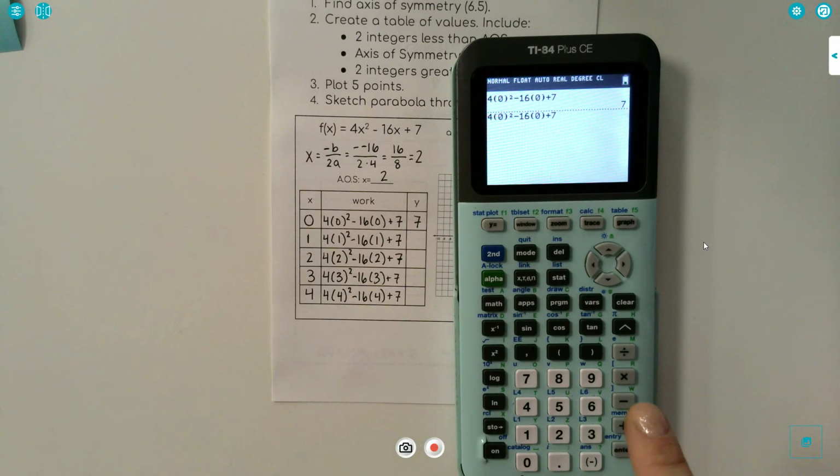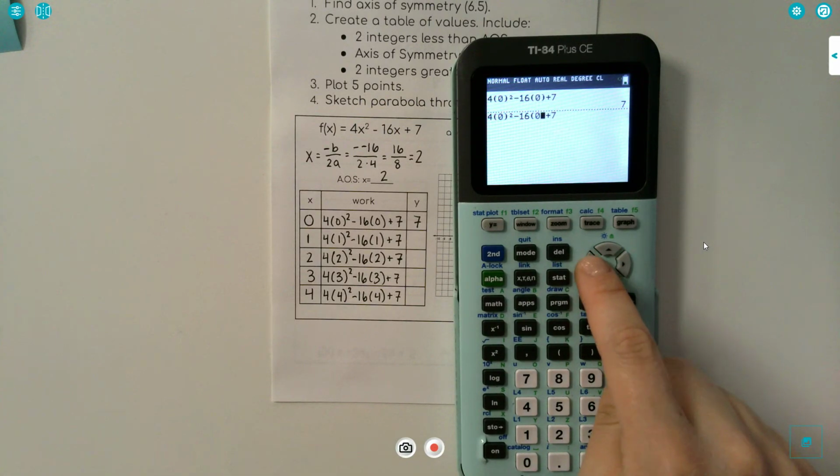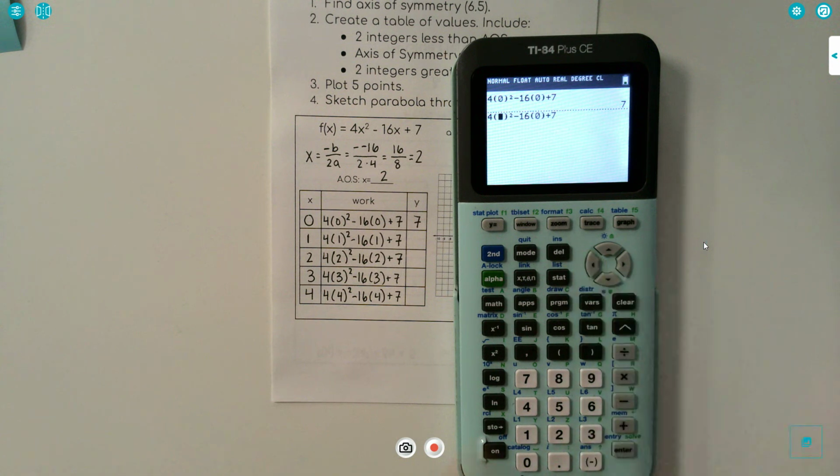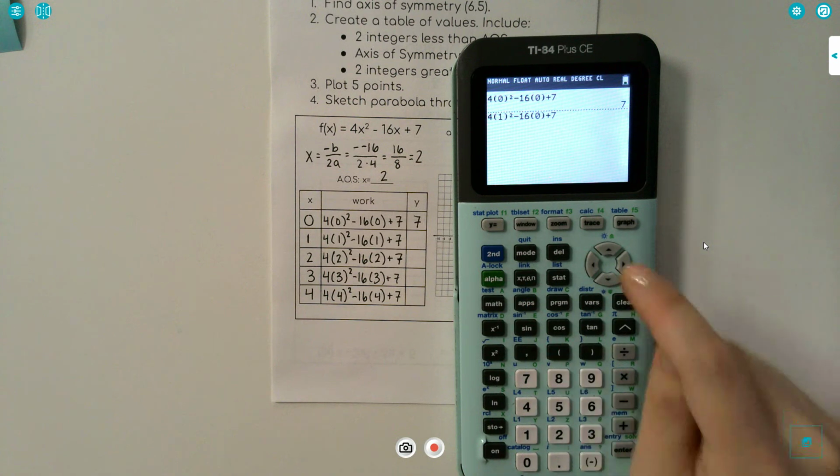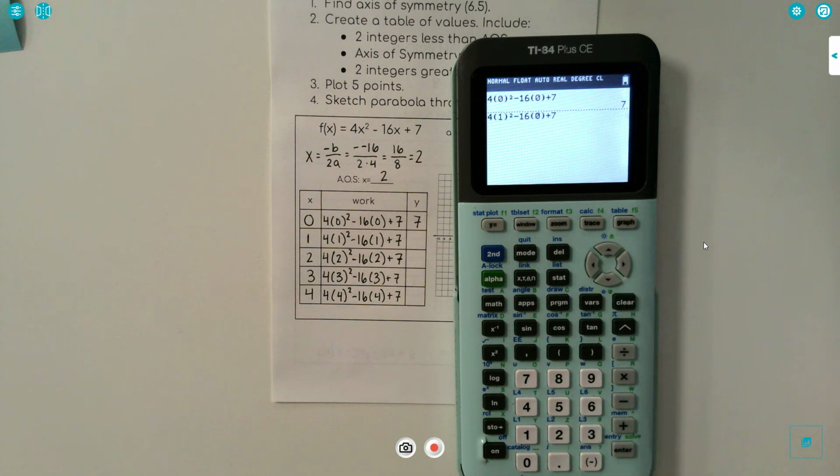Then use your arrow keys to scroll over, hover over the 0, replace it with a 1, hover over the other 0, replace it with a 1. Hit enter, you've done another row, and you've only had to type 2 things instead of the whole row. Okay, so I replaced them with 1s. I got -5.